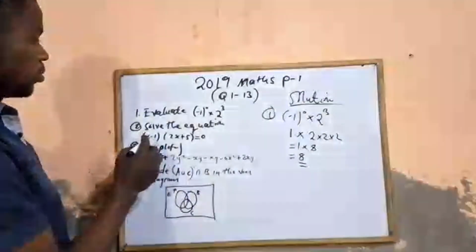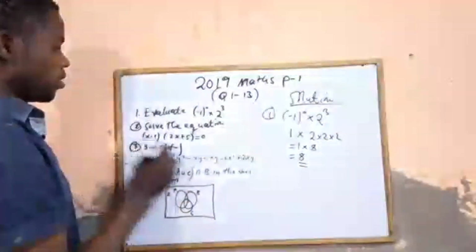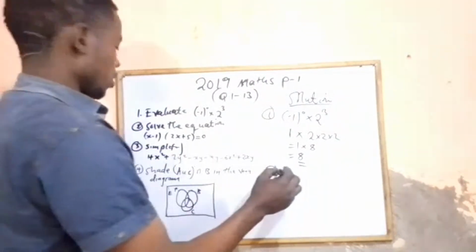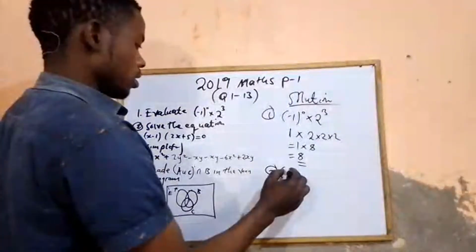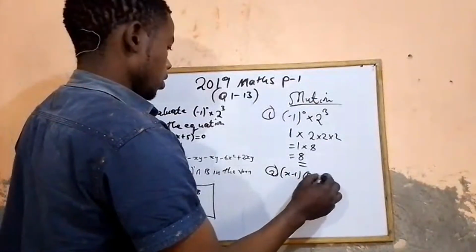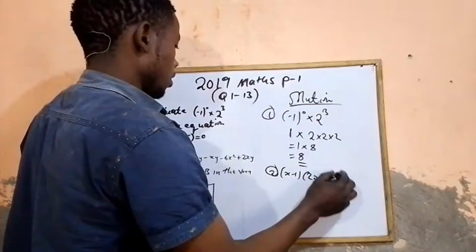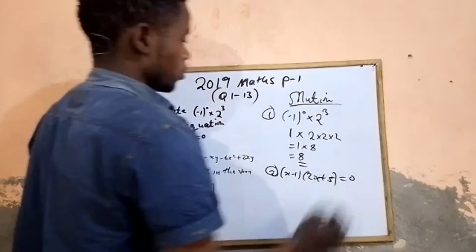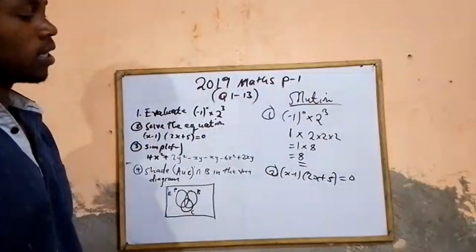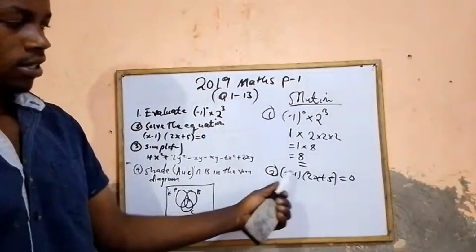And for question 2, we are told to solve the equation. We have this equation: x minus 1 and 2x plus 5 in brackets, equals 0. Here, don't make a mistake by expanding the expressions in the brackets.